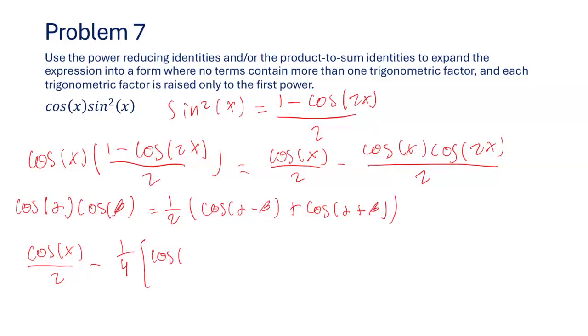So we pull that 1/4 out and get cosine of x minus 2x plus cosine of x plus 2x here.